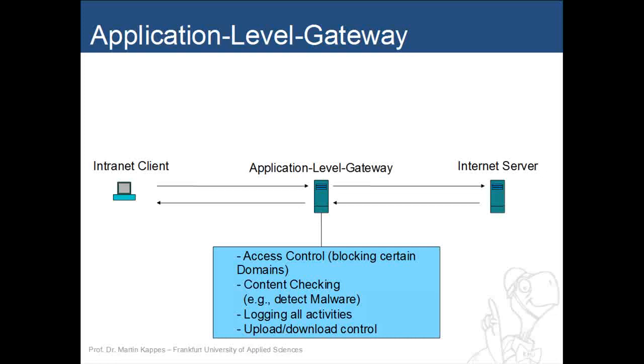Also, the way the application level gateways actually work in detail is very different, and that's also why they are named differently. However, the idea in principle is always the same, namely that the connection between the station in the intranet, as shown here on the left side, and the server in the internet, as shown here on the right side, or actually it could also be the reverse order, that the server is in the intranet and the client connecting to it is in the internet, because that's also another scenario where application level gateways can be used.